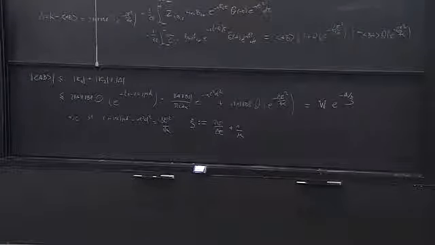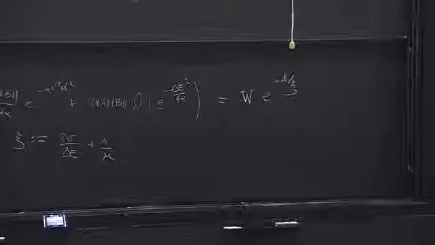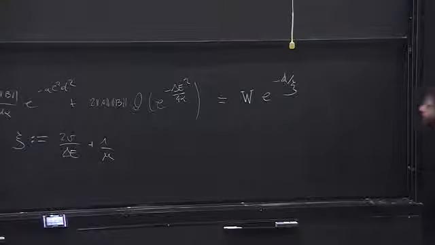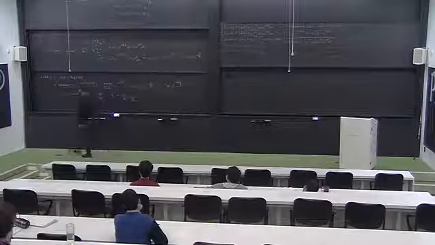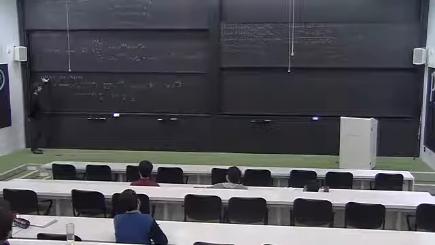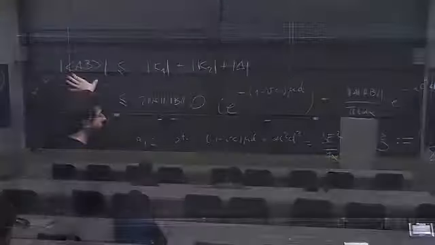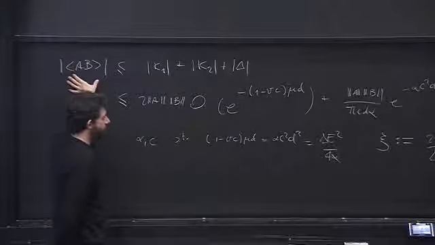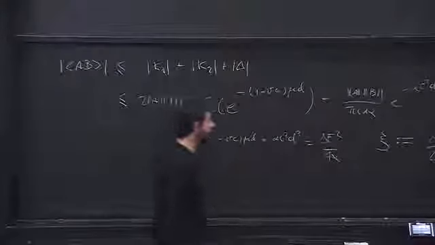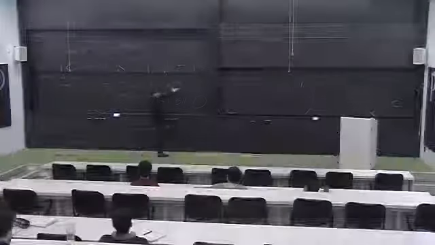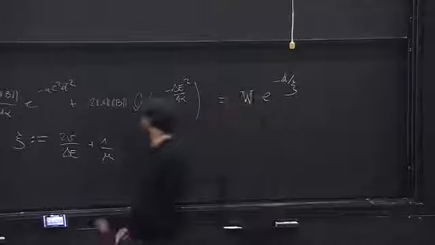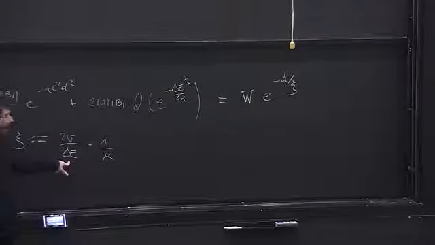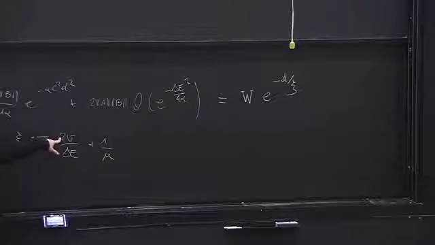Okay, so let's comment a little bit. What we have done, we computed the correlation functions between 2 points A and B in the presence of a gap, and we found that they decay exponentially in the distance with the correlation length that is essentially given by 1 over the gap, times the Lieb-Robinson speed.